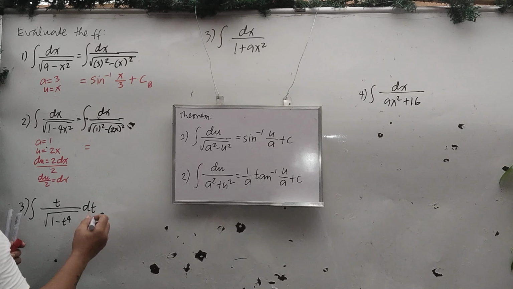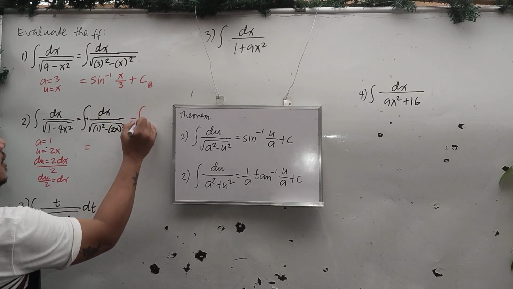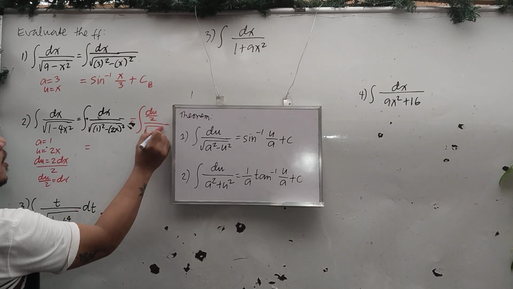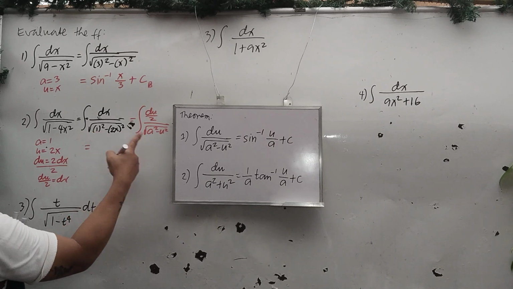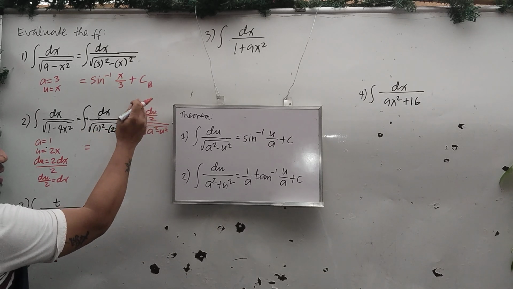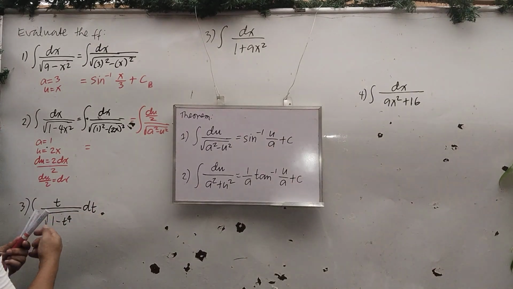Then this is equivalent to the integral of du over 2 all over the square root of a squared minus u squared, where our a is 1 and our u is 2x. Since the numerator has du over 2, we remove the constant 1/2.